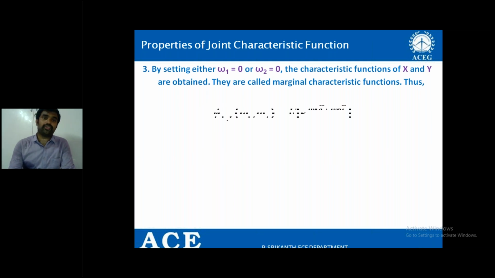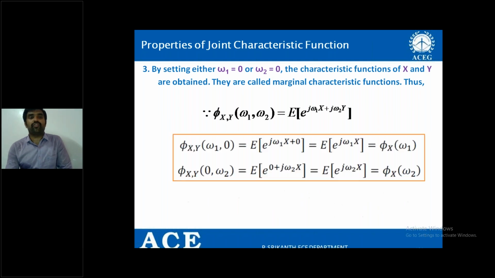Marginal characteristics. So that is phi xy of omega 1 comma omega 2 equals expectation of e power j omega 1 x plus j omega 2 y. If omega 2 equals 0, the second term vanishes, and we are left with expectation of e power j omega 1 x, which is nothing but phi x of omega 1.